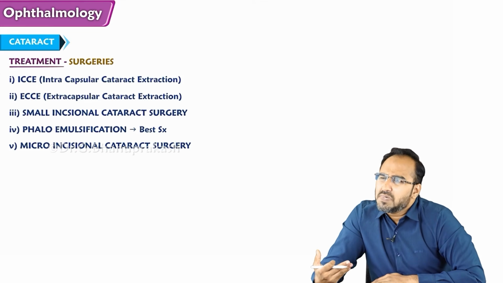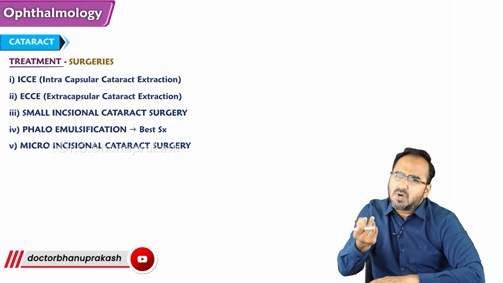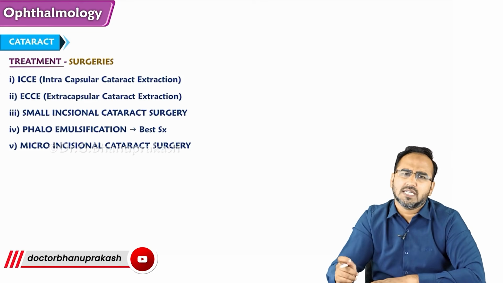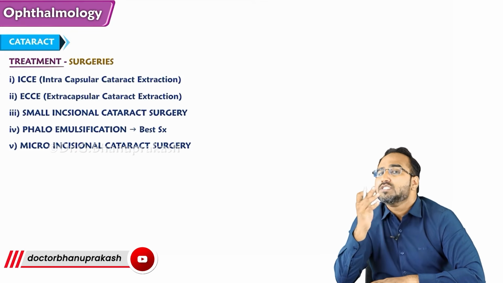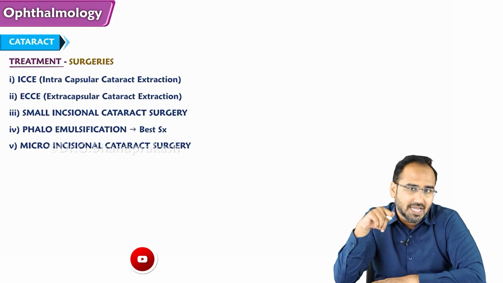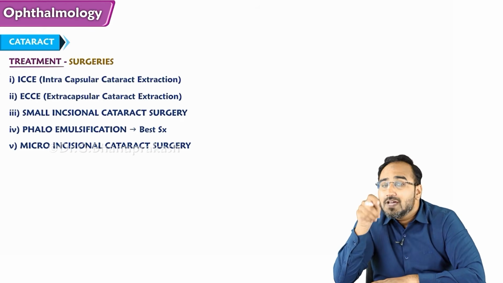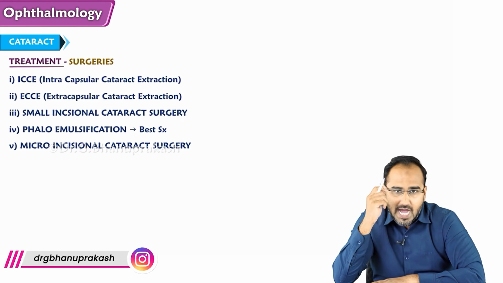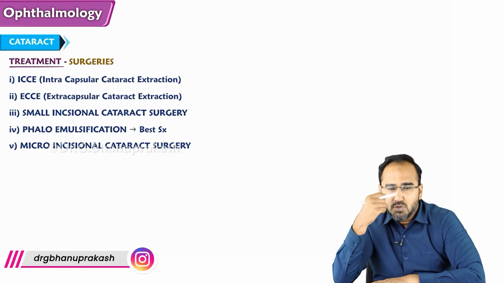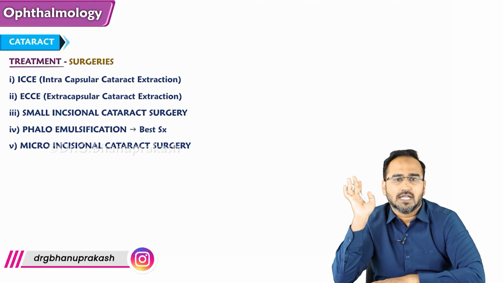Instead of giving that much of incision, we give a small incision. Now, the next surgery that came after ECCE was small incisional cataract surgery, SICS, okay? Where they gave incision of 6 to 6.5 mm. Okay? After giving the incision, they remove the lens and they place an intraocular lens.